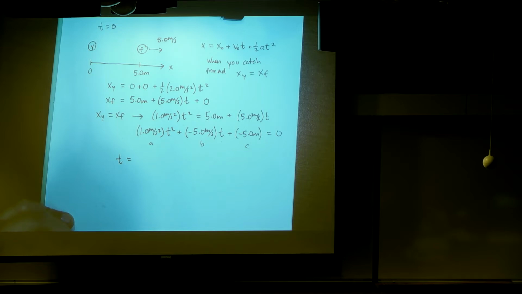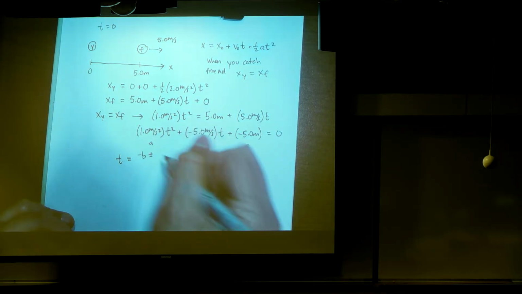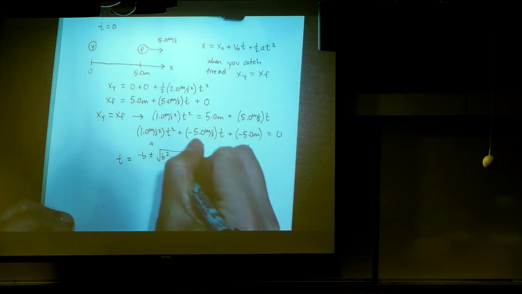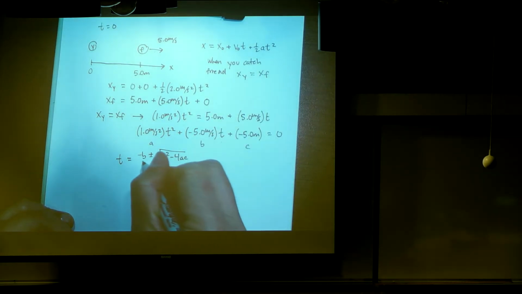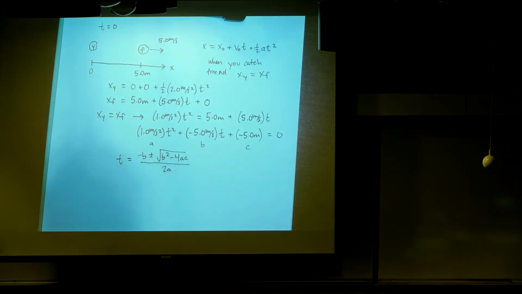Can you remember what it is? Negative b plus or minus the square root. Yep, and then divided by 2a. All right, so look, we know the numbers that are going into that. They're labeled right here. So this can be just punched into the calculator.